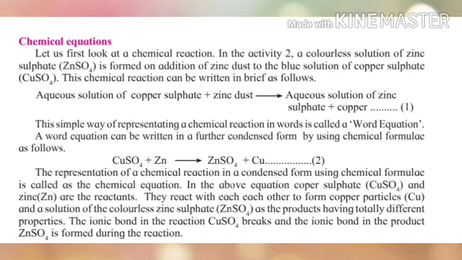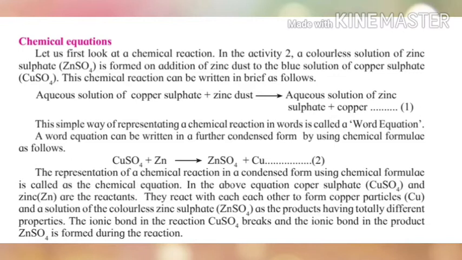CuSO4, which means aqueous solution of copper sulfate, plus Zn, which means zinc dust, gives ZnSO4, that is aqueous solution of zinc sulfate, plus copper. This is our second way of writing the first reaction, which we wrote in the form of a word equation.